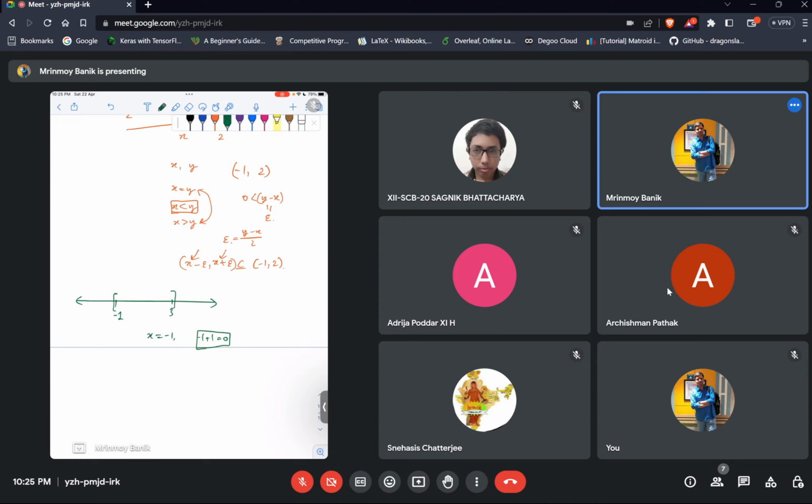So it's easy to see that if we take 3 or -1 as x, then we will be able to pick any epsilon small enough. Let's pick epsilon to be 1. Then we have the interval 2 to 4. And then we can take y to be 3.5 and z to be 2.5.